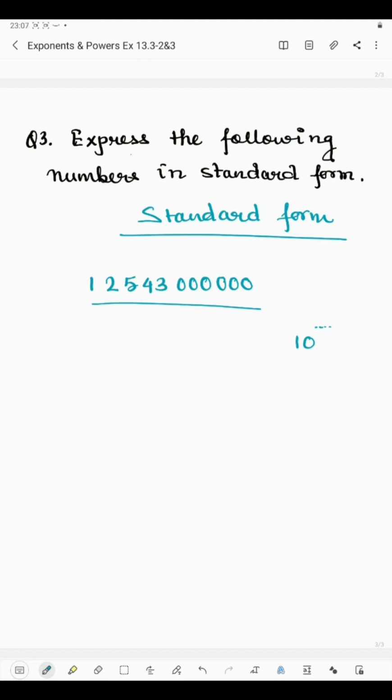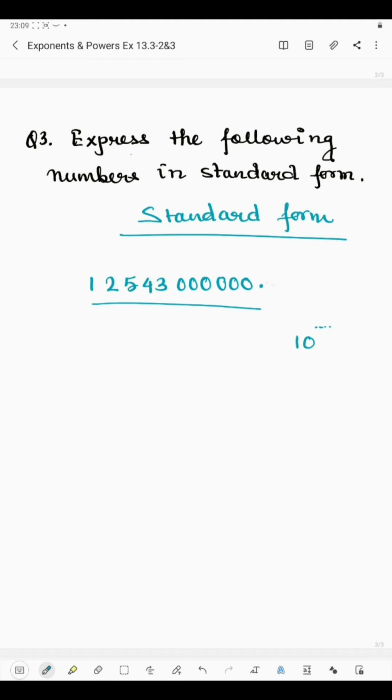And if there is no decimal in the number, then we have the decimal at the end, because from here the ones place starts. So if here is the decimal, before the decimal the ones place starts. That means if there is no decimal in the number, then the decimal will be at the end.